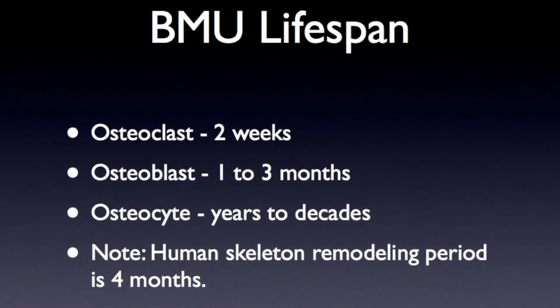So as a review, osteoclasts last about 2 weeks. Osteoblasts' life cycle is 1 to 3 months. And then osteocytes, we don't really know, years to decades. The only thing that determines their lifespan is really when we come back through and remodel again. So depending on when that happens, that dictates the life of our osteocyte.